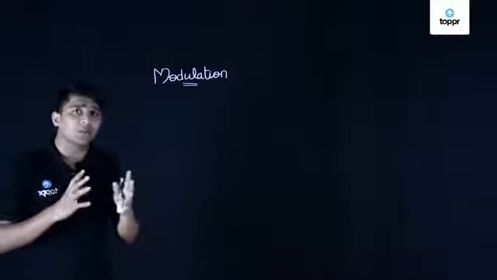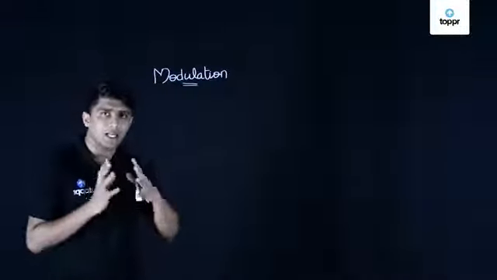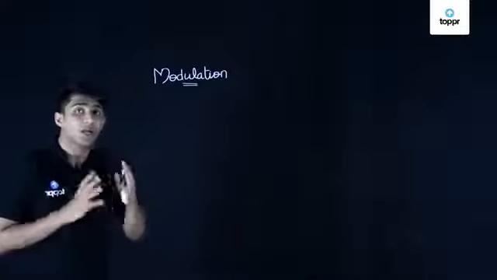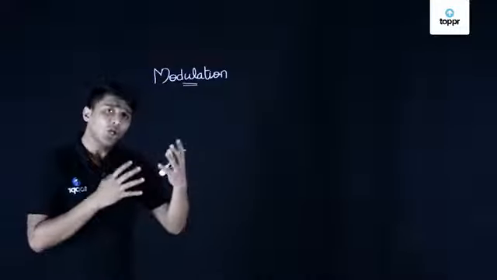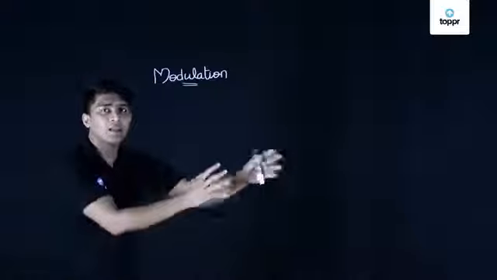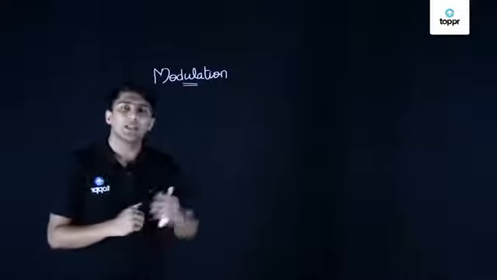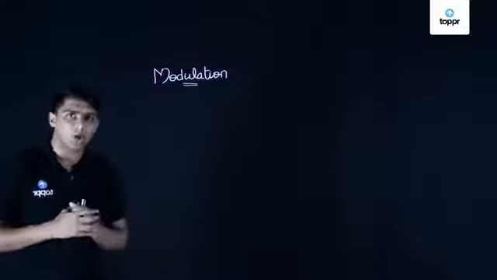So today let's assume that we want to transfer an electronic message signal in the range of audio frequency. What are the factors that will be stopping us from carrying this electronic signal in the range of audio frequency? Let's analyze one by one.